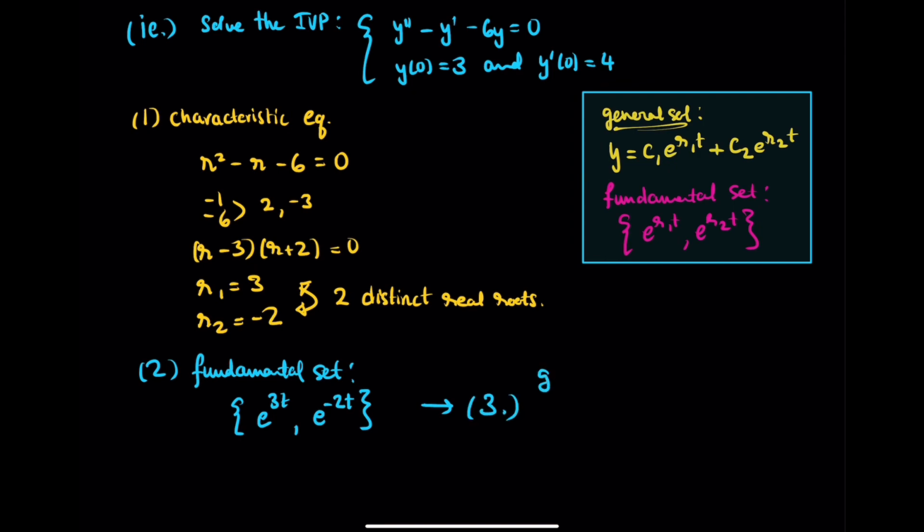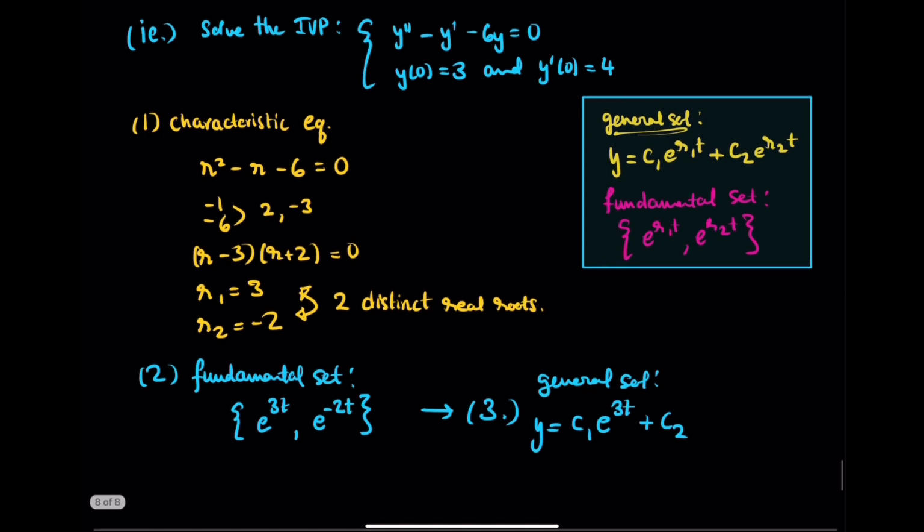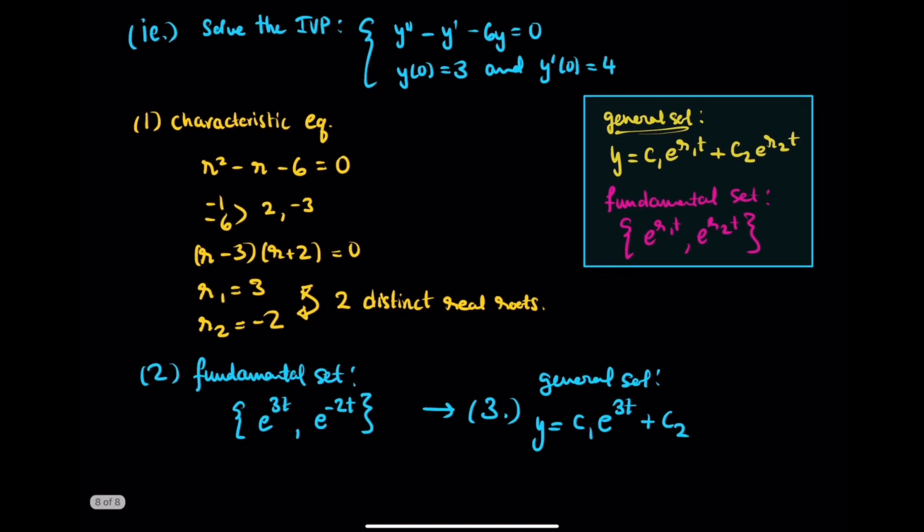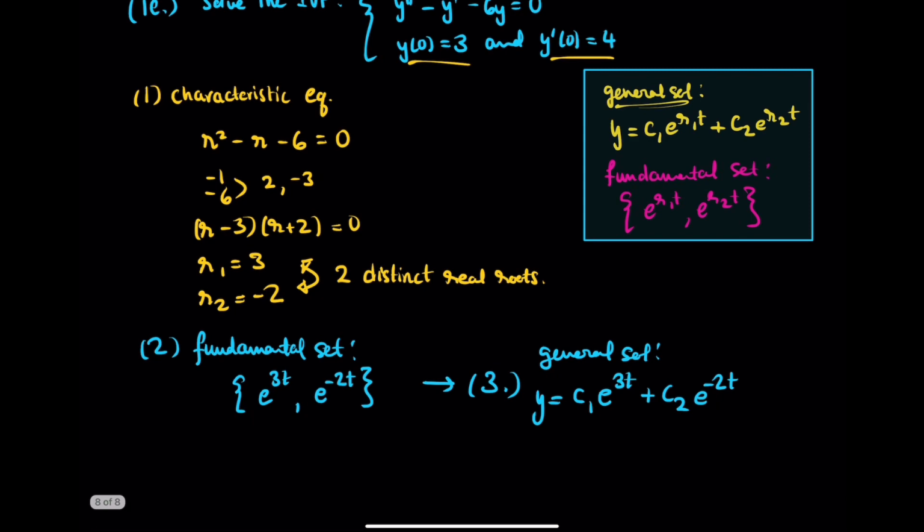Your general solution looks like y equals c1 y1, and y1 is e to the 3t, plus c2 y2, and y2 is e to the minus 2t. So this is your general solution. Now they want us to find the particular solution given these two initial conditions. Just know that y equals y(t).